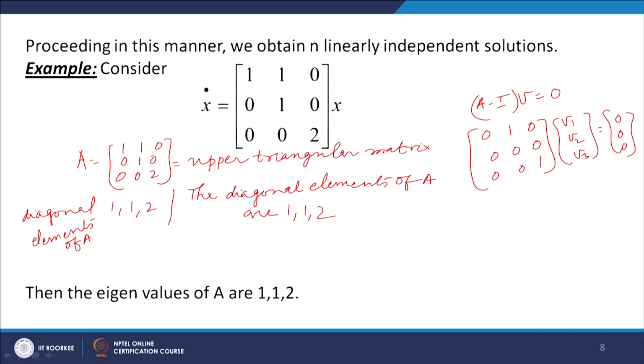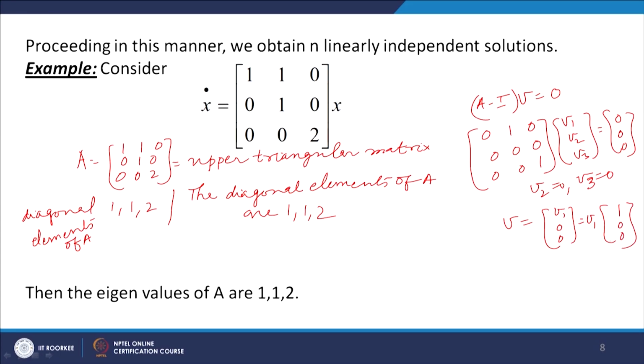So, here you can see b2 is equal to 0 and b3 equal to 0. So, we get the eigenvector b as b1 0 0 and you can take it as 1 0 0.